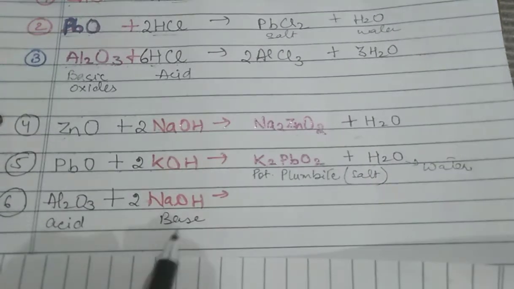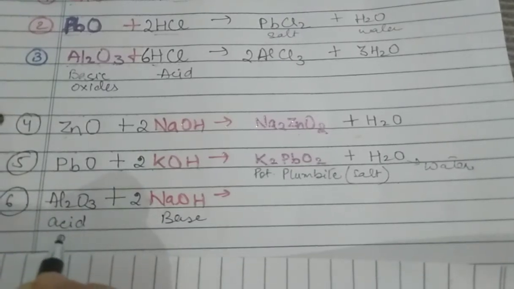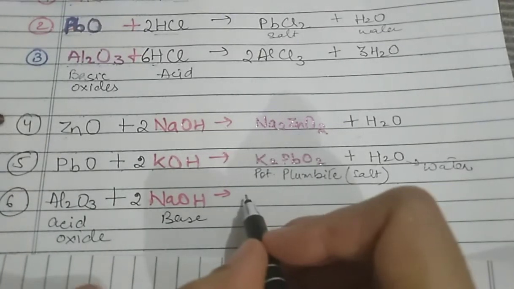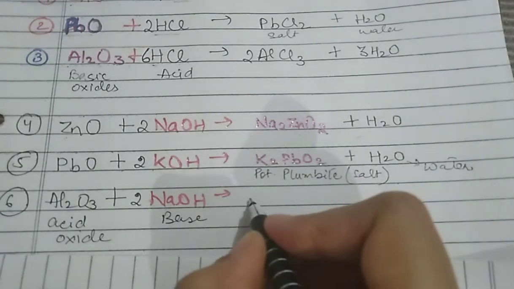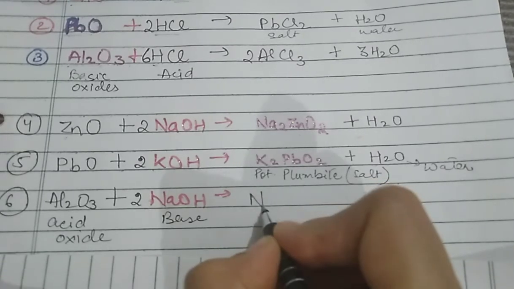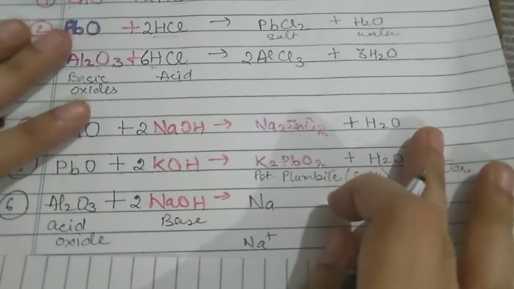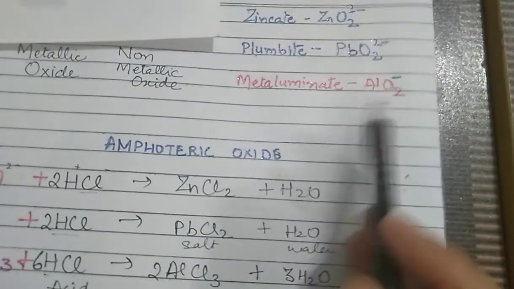Now here this base we have used is NaOH, and it is reacting with Al2O3, so it is acting as an acidic oxide and it will form the meta-aluminate ion. With meta-aluminate it will form the salt sodium meta-aluminate. Sodium is Na+, you know, and meta-aluminate is AlO2-.